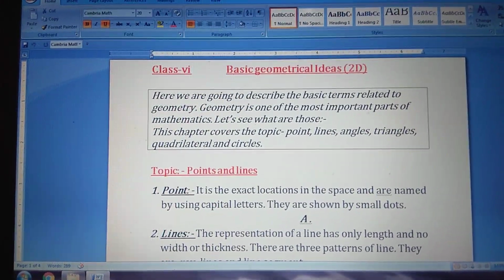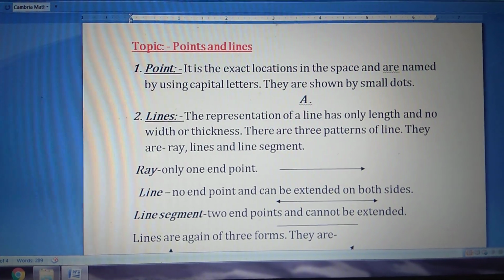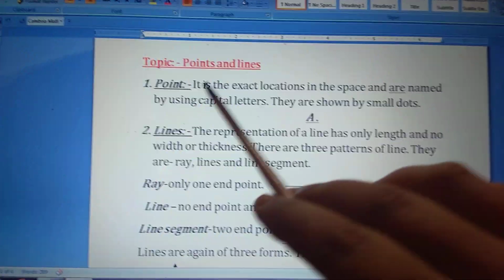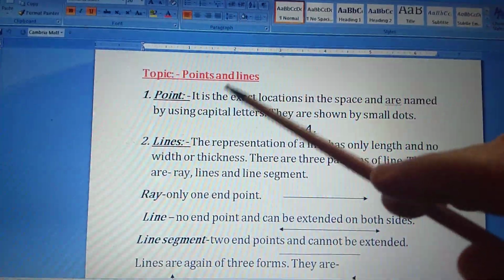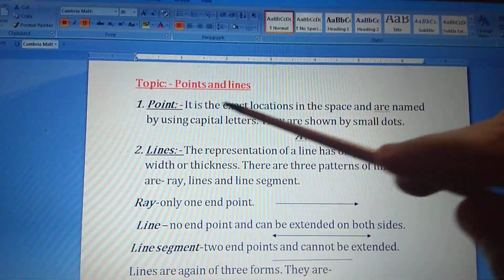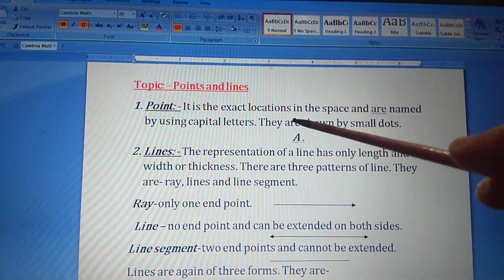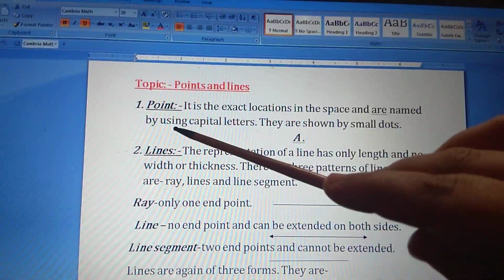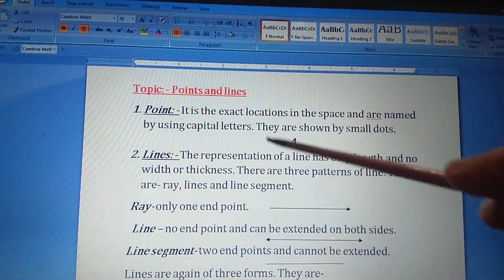Let's have a look at that. Our first topic is point and line. In the beginning we will describe what a point is. It is an exact location in space and is named using capital letters.